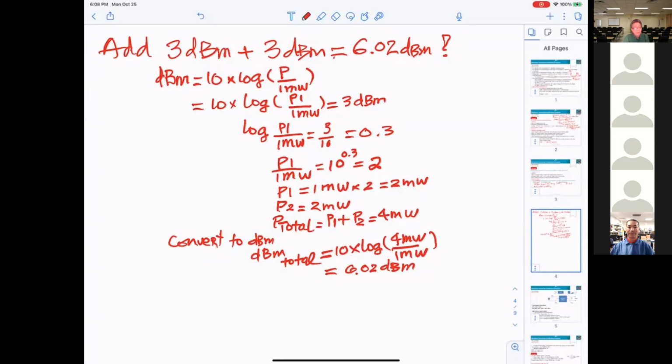If you have any question or confusion or don't quite follow it, let me know. That's really useful for a technician. So it looks like you can just add them. It's pretty much the same, 3 plus 3 is 6. We got lucky. That's just a quick calculation.